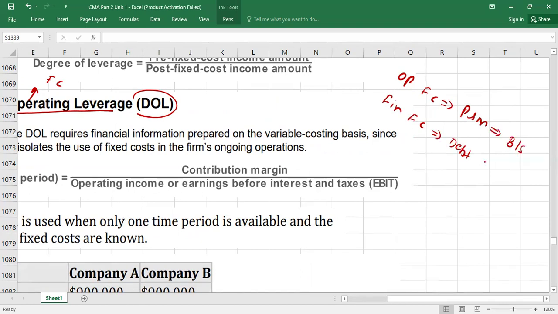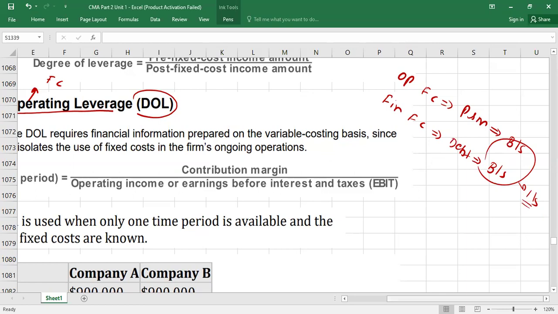Debt is also presented on the balance sheet as part of liability. So both are balance sheet items. In leverage, even though both items are on the balance sheet, they affect your income statement, right? So that is why leverage is sometimes defined as the effect of balance sheet items, assets or liabilities, over your profit or loss.